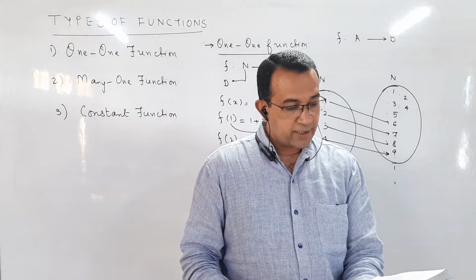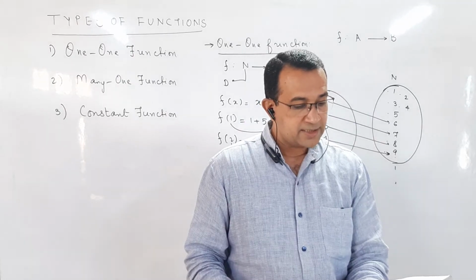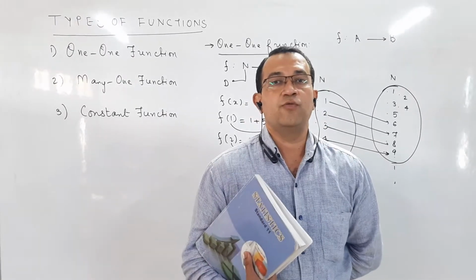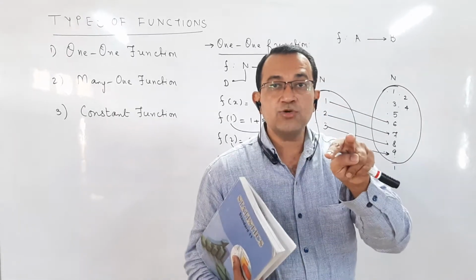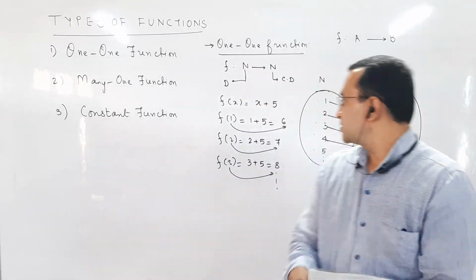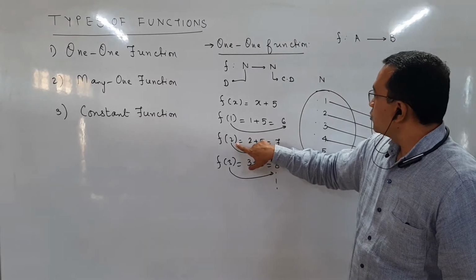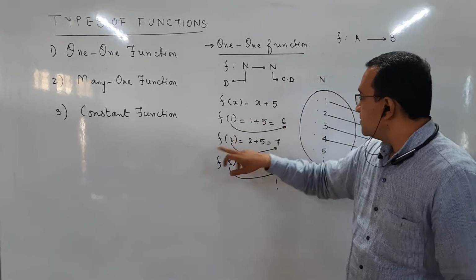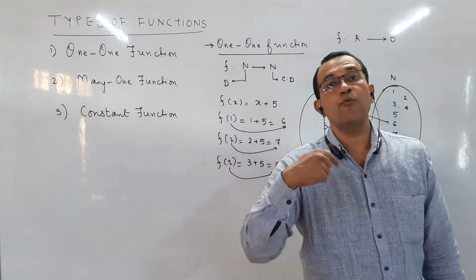For any two different elements of domain A, their images or functional values are different, then such a function is called one-one. For any two elements of domain, say 1 and 2 as per our example, their images are also called functional values.